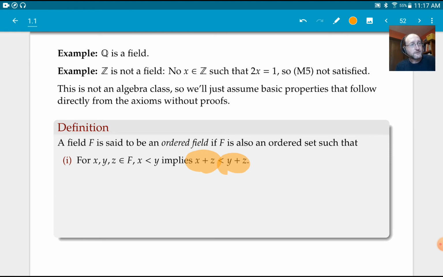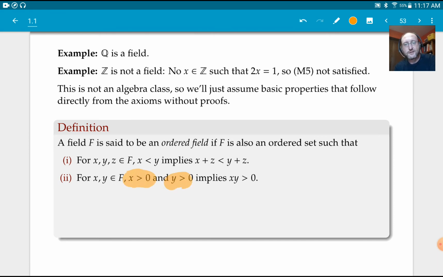So addition preserves inequalities. And the second property that I'll require is that if I have two numbers in my field that are bigger than 0, bigger than the additive identity, then x times y is bigger than 0, right? So basically, one says that the order plays nice with addition, two says the order plays nice with multiplication.